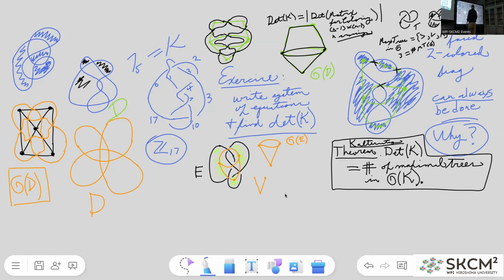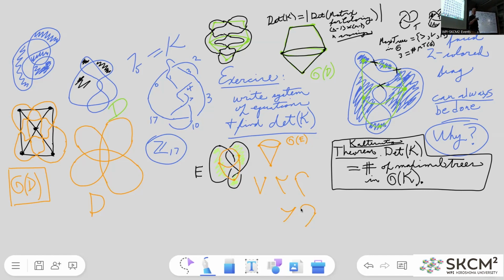If I only use one of these, then I could use one of these. But I could also use the other one, and then one of these. And that's 5. And there they are. They're the 5 trees that are the maximal trees in the graph.